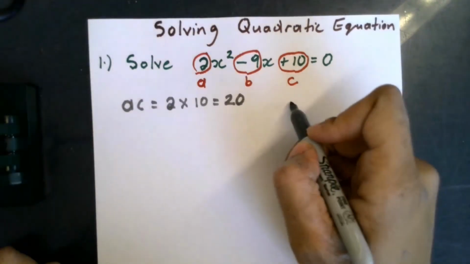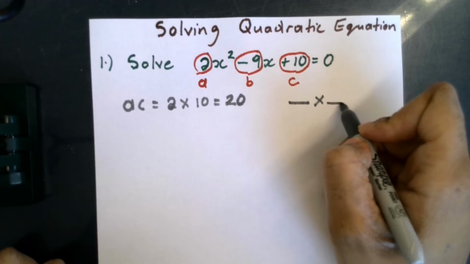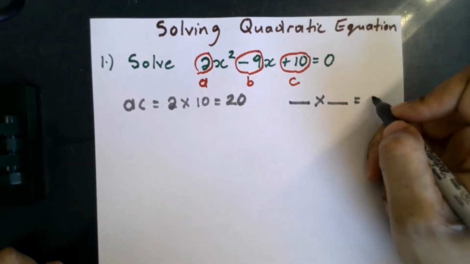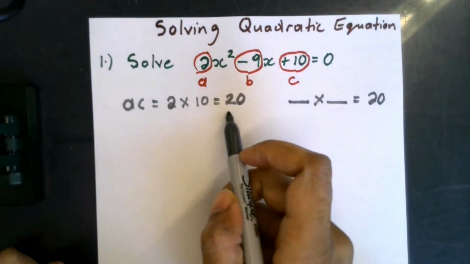Our next step is to find two numbers that multiply to give us the same 20 that we got from here.